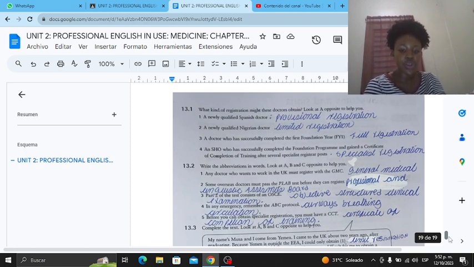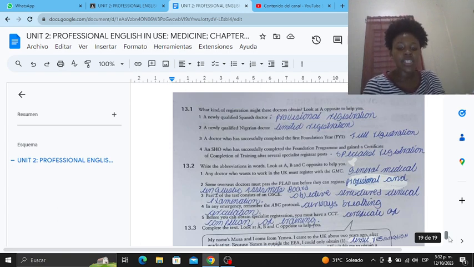Reading abbreviations, look at A, B and C options to help you. 1. Any doctor who wants to work in the UK must register with the GMC, General Medical Council. 2. Some overseas doctors must pass the PLAB test before they can register: Professional and Linguistic Assessments Board. 3. Part 2 of the test consists of an objective structured clinical examination. 4.